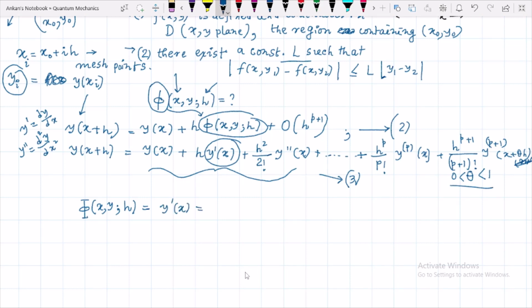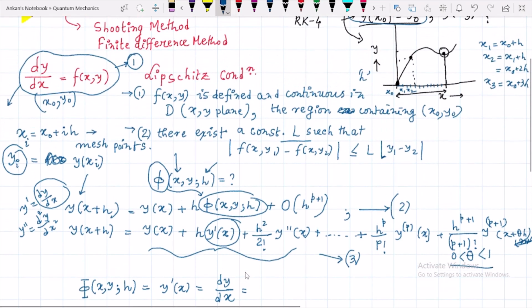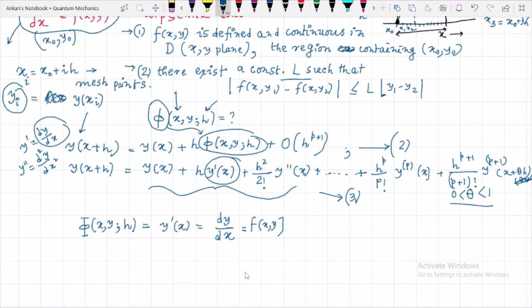Y prime x means dy by dx, and dy by dx, from equation 1, is f of x, y. Okay, so although I have written it as a function of x, y, h, it is nothing but the function of x, y only, with some term h present in product form.